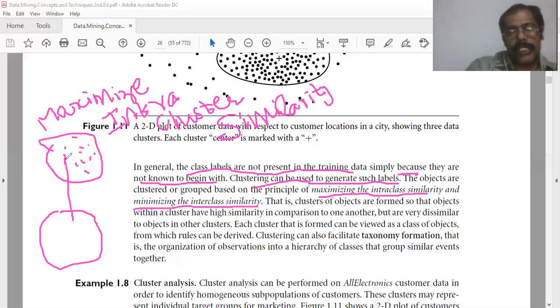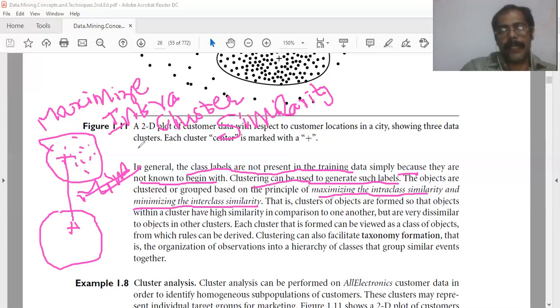So this object and this object, the similarity between these objects should be minimized. This principle is used for clustering.